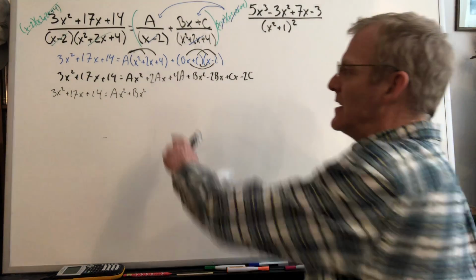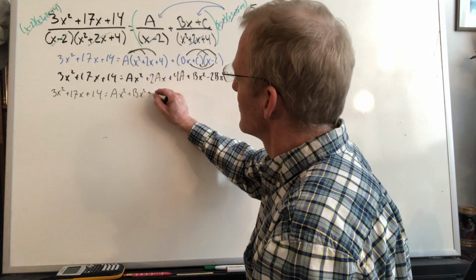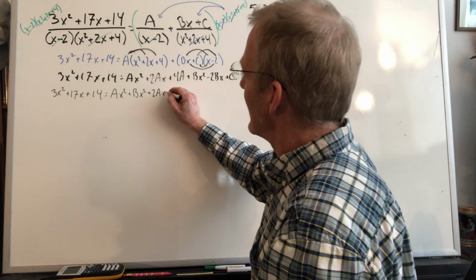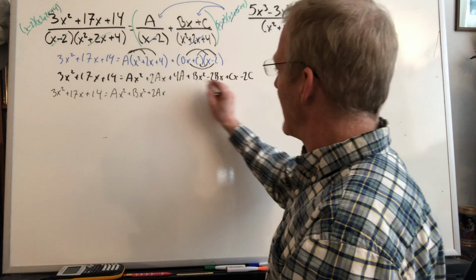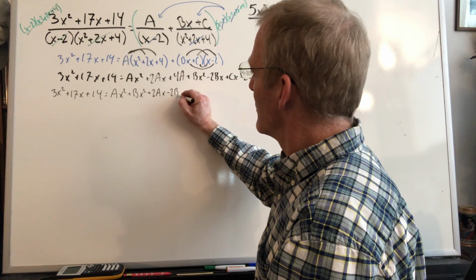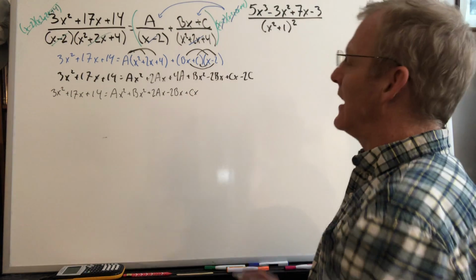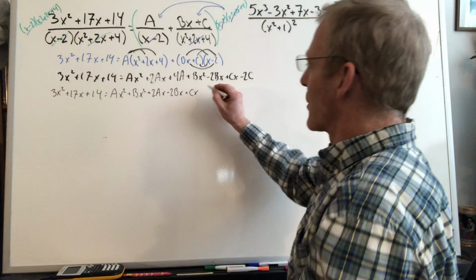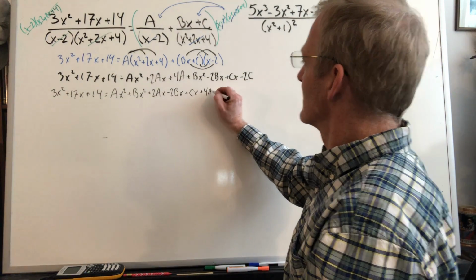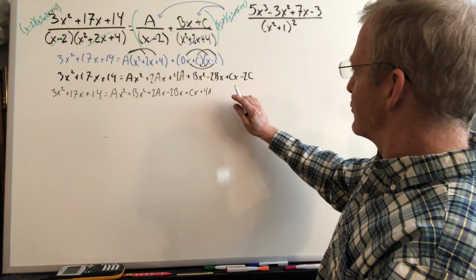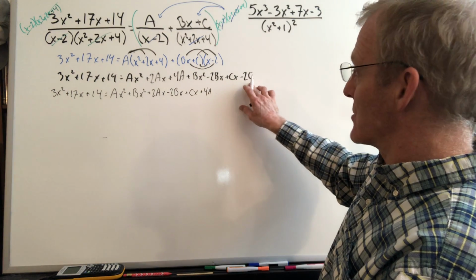Those are the two x squareds. Now the x's: plus 2Ax minus 2Bx plus Cx. And now the constants: plus 4A. What is it? Minus 2C.